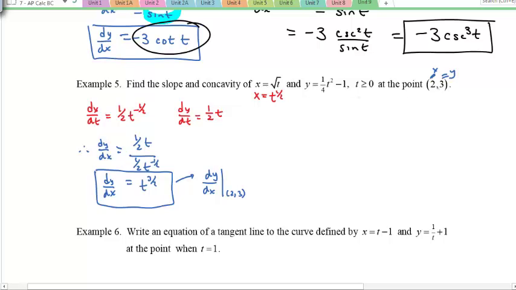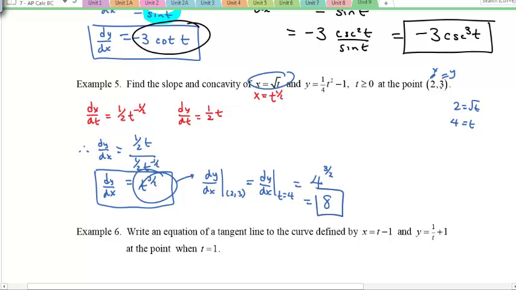You plug it back into the x equation. 2 equals root t, you'll see that t equals 4. You can get the same answer by plugging in 3 equals y. You should still get t equals 4. So the slope in this case is really dy/dx evaluated when t equals 4. That's nice because now I can use the actual equation here, and I see it's just 4 to the power of 3 halves. That's just it.